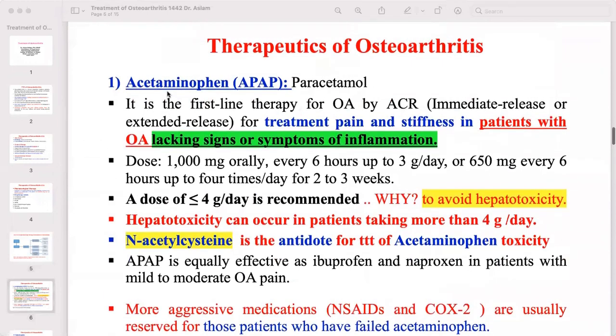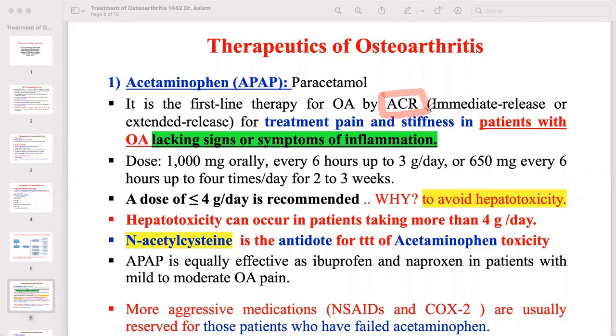The first drug, acetaminophen, which is also termed as paracetamol. Acetaminophen is the first line therapy for osteoarthritis by ACR, American College of Rheumatology.